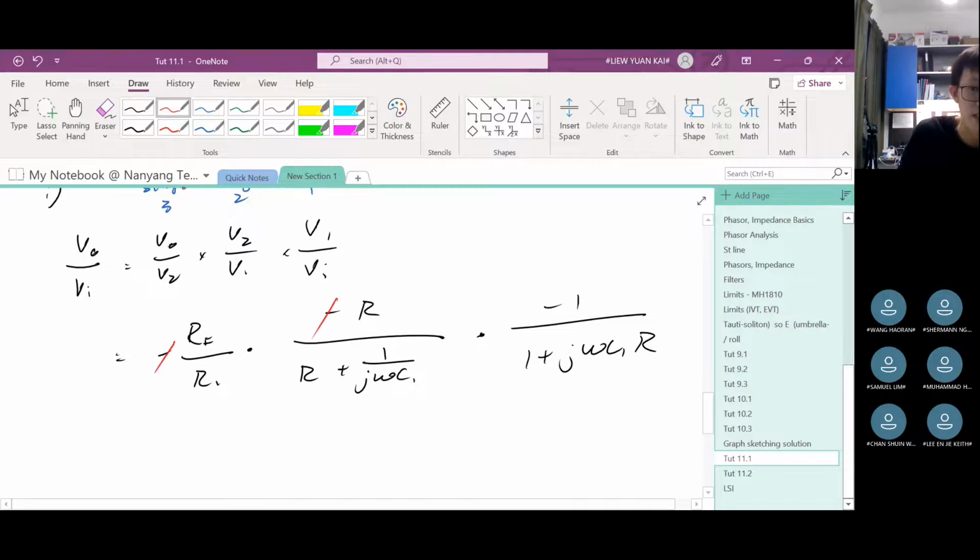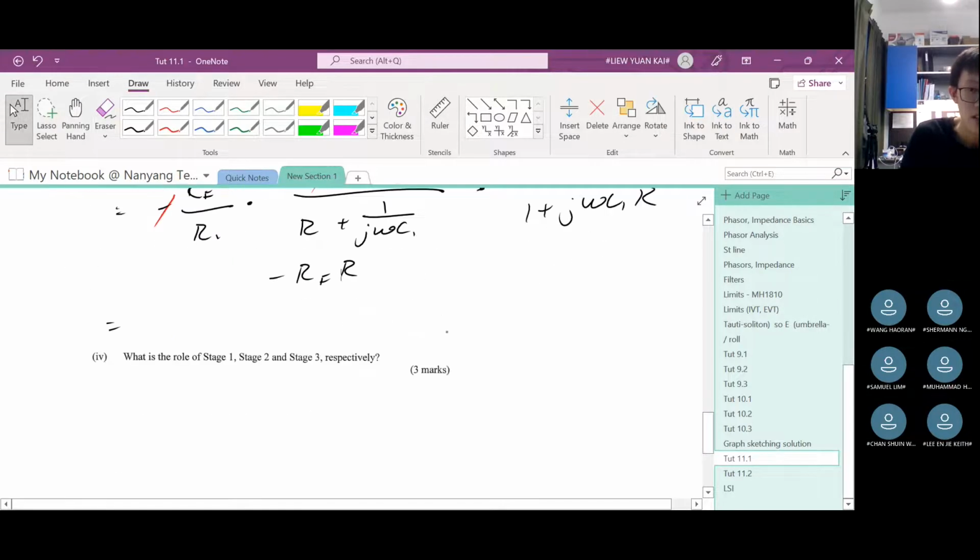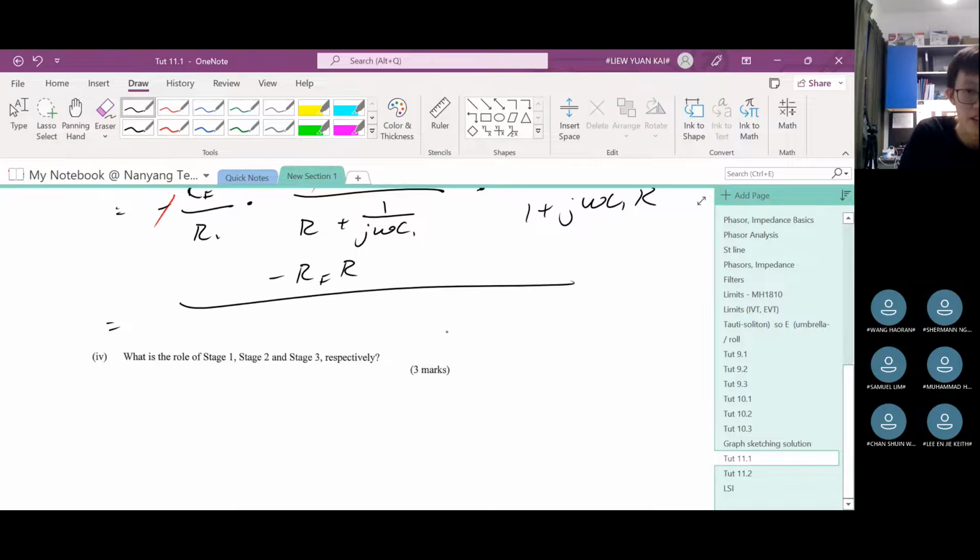This negative and negative can cancel, and then I will just multiply this together. So like this, RF R divided by the denominators multiplied together: R1 times this times the last one.